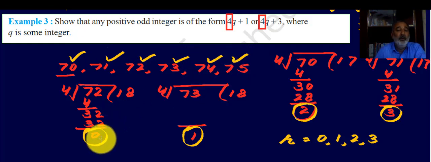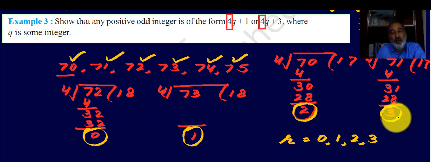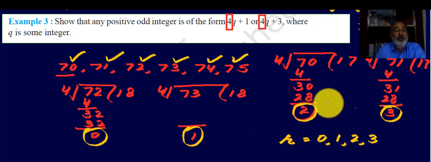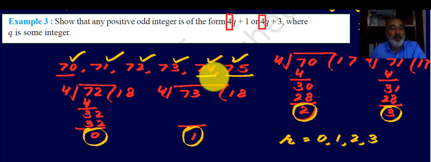Either the remainder is of the form 0 or 1 or 2 or 3 for any number. Let's try 74. Then remainder will be 2. Here remainder will be 3. And next 76 is exactly divisible by 4. So every fourth number is exactly divisible by 4.